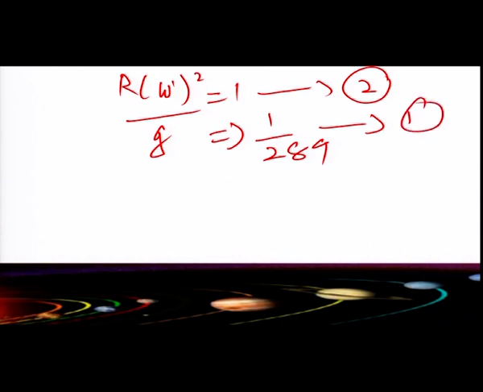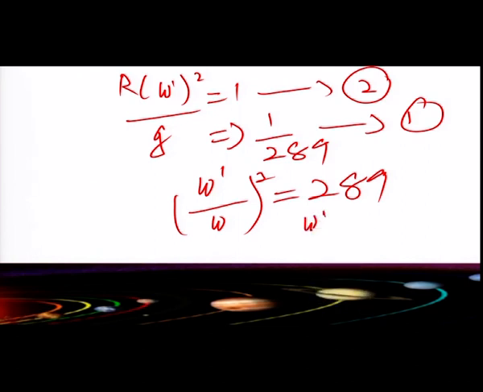Dividing 2 by 1, we have omega dash by omega the whole squared is equal to 289.